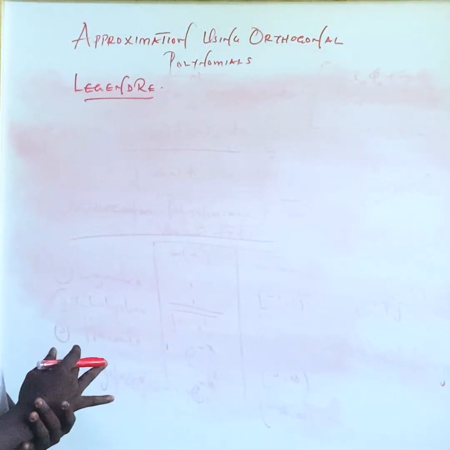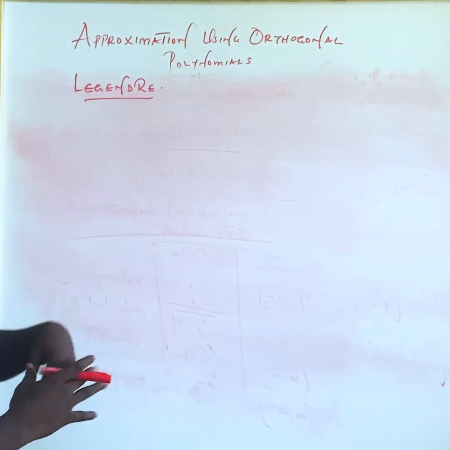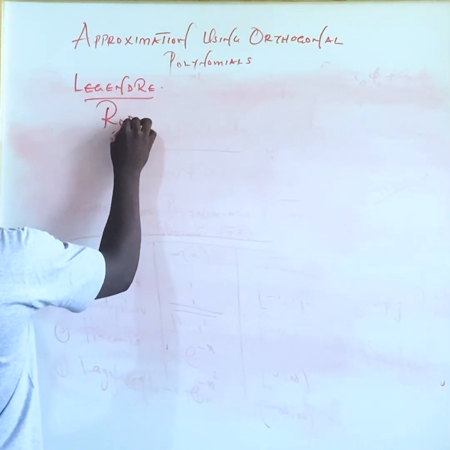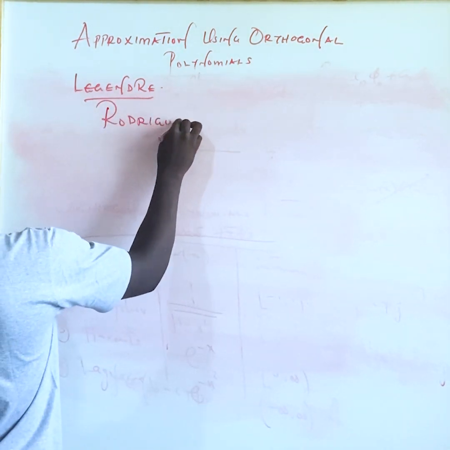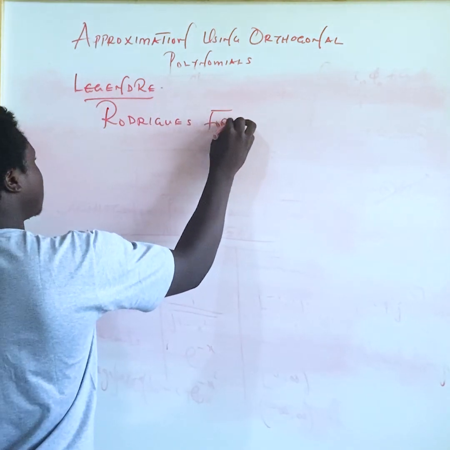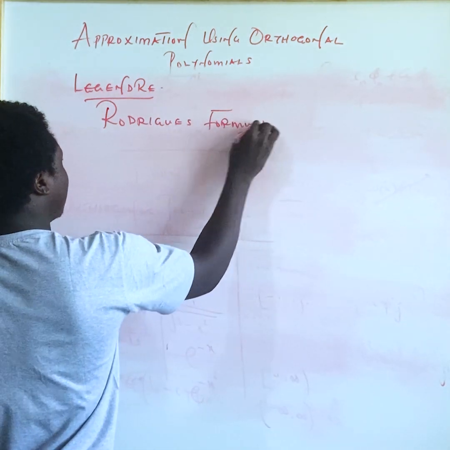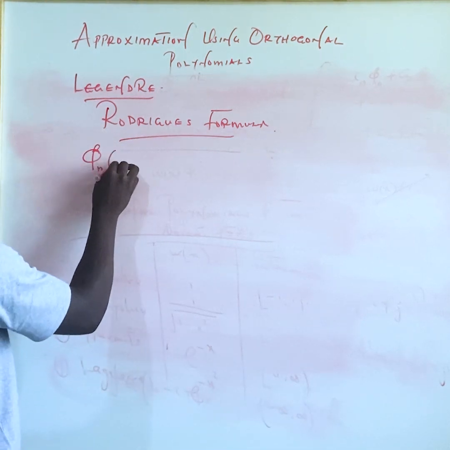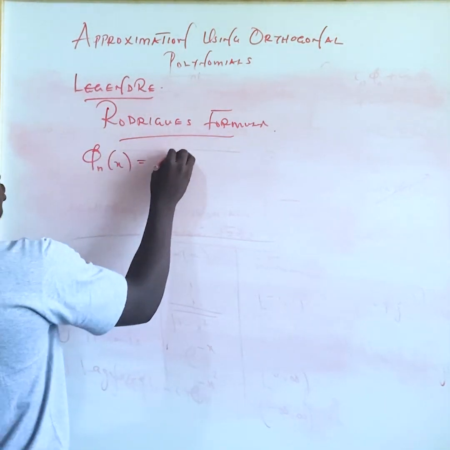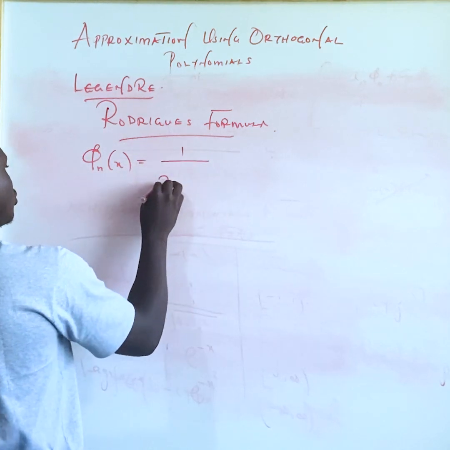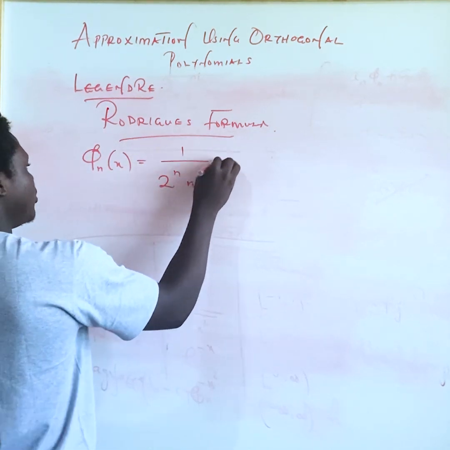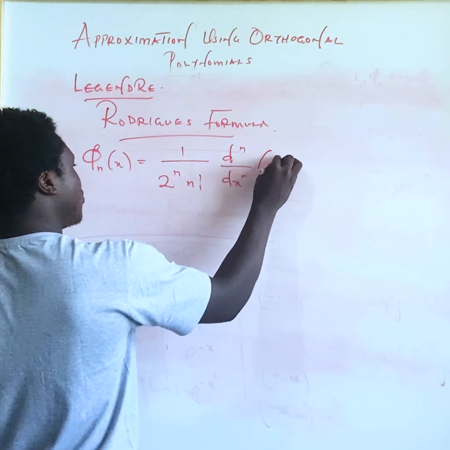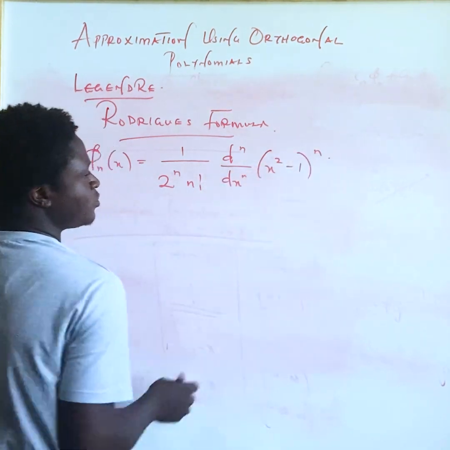For Legendre polynomials, to get the polynomials themselves, we use what we call the Rodrigues formula. Now, what does this formula say? This formula says that to get phi n of x, it is equal to 1 over 2 to power n factorial, the nth derivative of x squared minus 1 to power n.